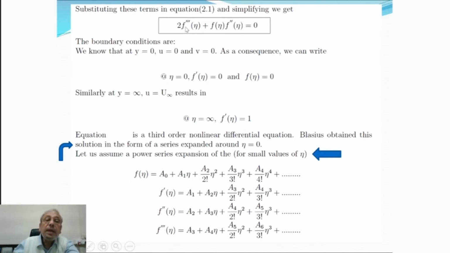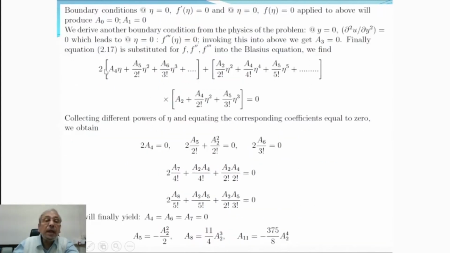if we substitute f triple prime here, f here and f double prime here from these expressions, we get 2f triple prime plus f into f double prime equal to 0.